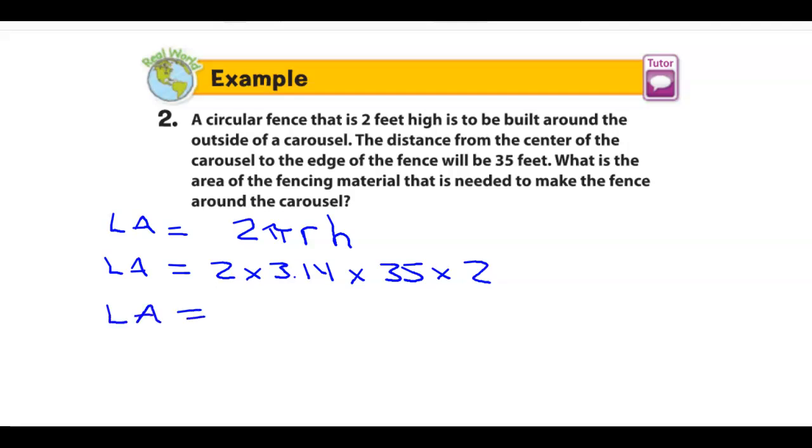And again, if you guys want to be a little quicker on your calculator, you know that this is 6.28, and you know that this is going to be 70, so you can just do 6.28 times 70 if you want to, a little bit faster. All right, so then that's going to give us 439.6, and we are dealing with feet, and it's area, so we're going to square it.